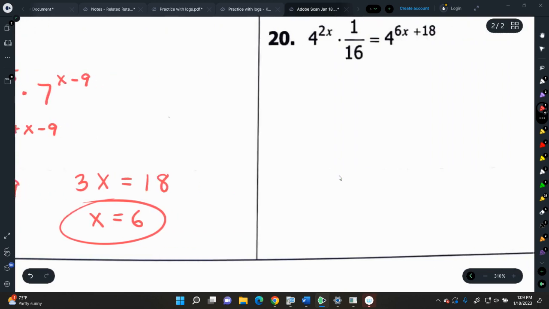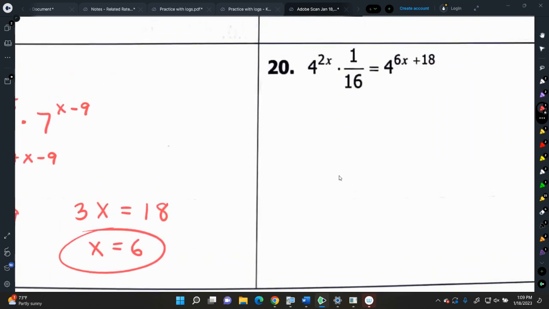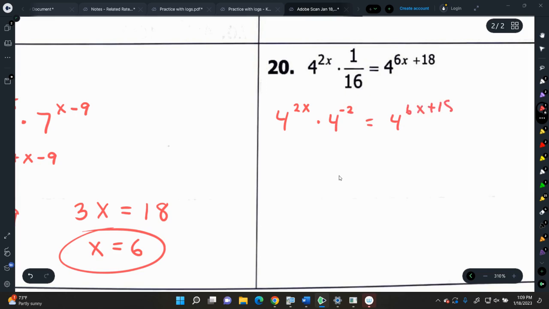And the last one. Let's see, can I use 4 or do I have to use 2? We can use 4, yeah. So 4 to the 2x times 4 to the negative 2 equals 4 to the 6x plus 18. So we've got the same base, so we have to add them.